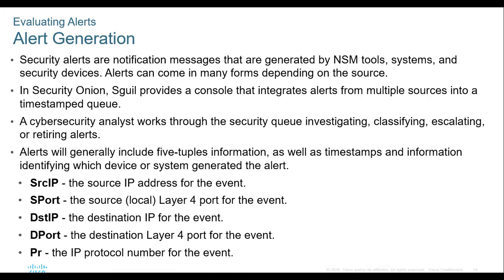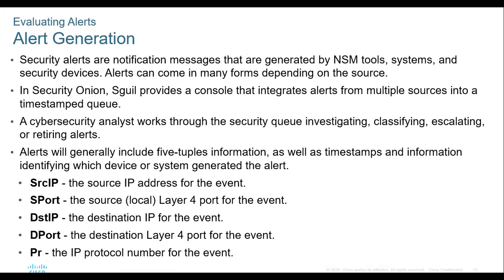So these 5-tuples are key in your investigation, where the first one, SRC IP, talks about the source IP address for the event. The SPort talks about the source layer 4 port for the event. Then the DST IP talks about the destination IP for the event. The DPort is the destination layer 4 port for the event.